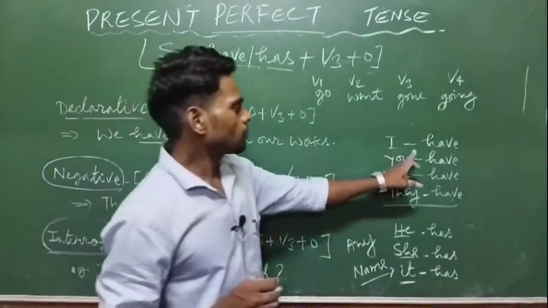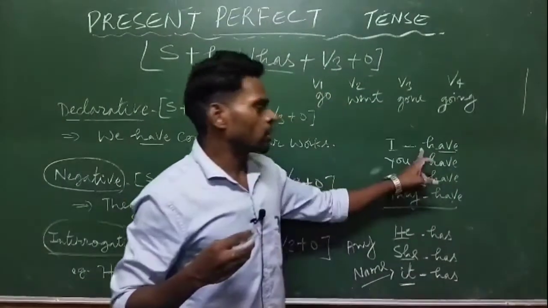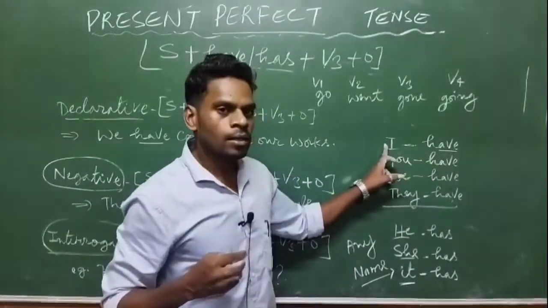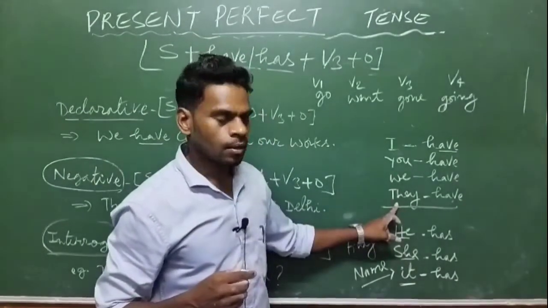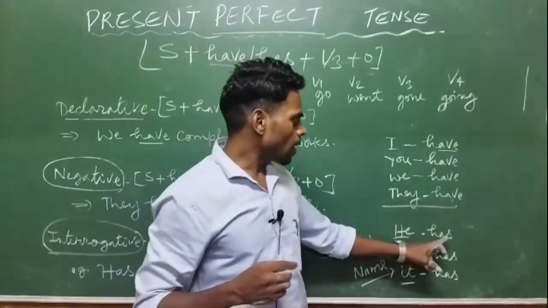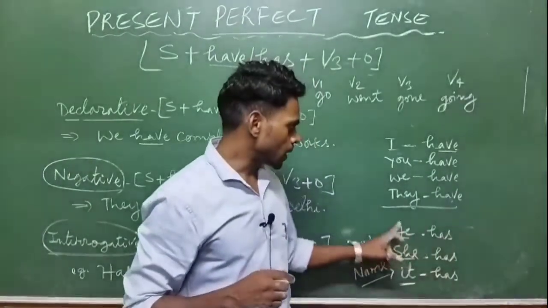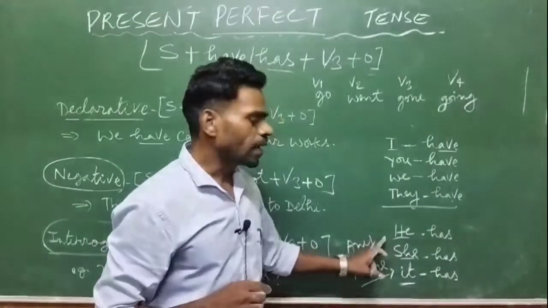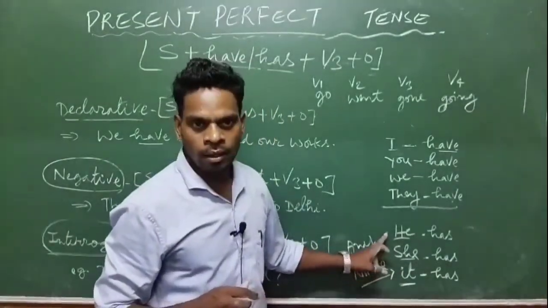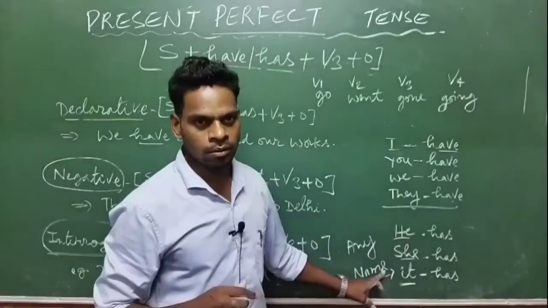So here helping verb have is used with the subject I, you, we and they, and helping verb has is used with the subject he, she and it, or any name of a person, either girl or boy, or any living being.